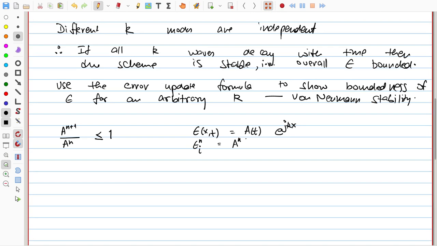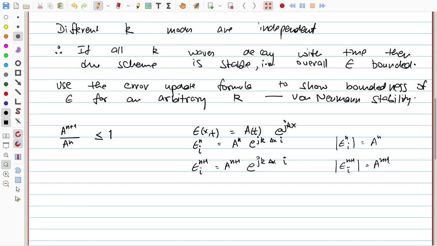Now the index for time, since it's only the amplitude that's a function of time, so we put that index on a, and remember x for a homogeneous element size is delta x times the index I. So if we take the mod of the error, we simply get the amplitude.